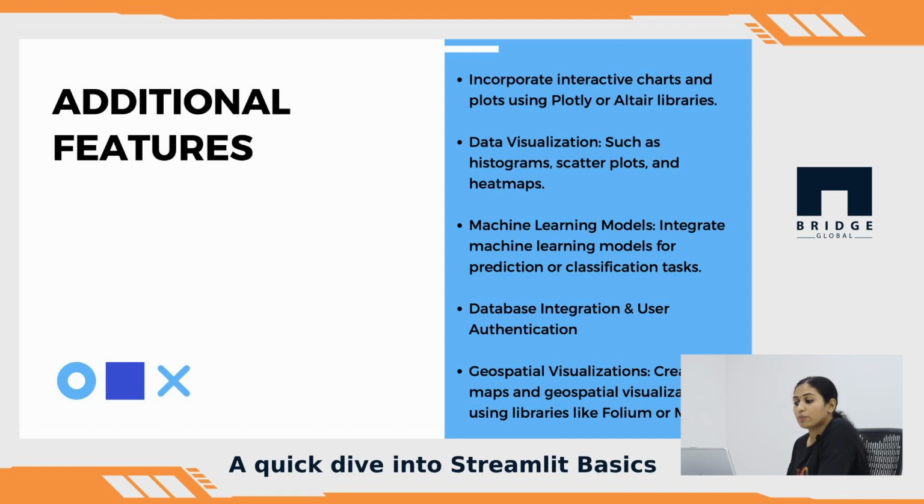Then you can integrate machine learning models for prediction or classification tasks. Then you have database integration and data authentication. Then you have one more feature, user authentication. Then geospatial visualizations, create maps and geospatial visualizations using libraries like Folium and Mapbox.